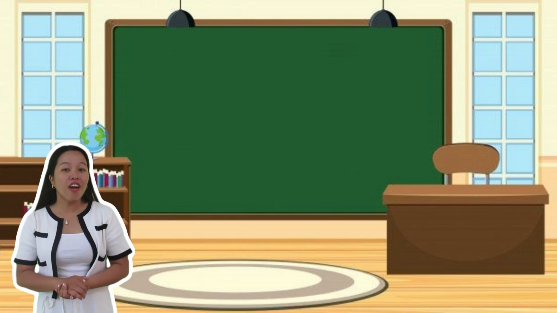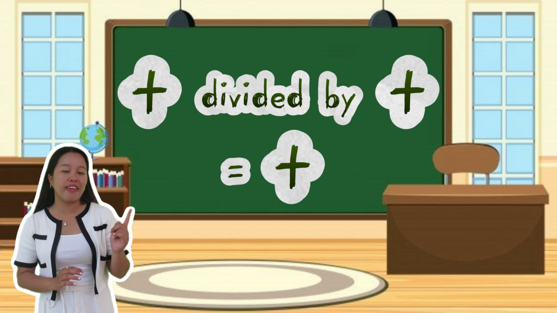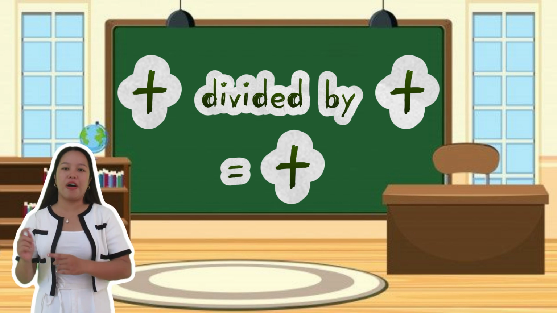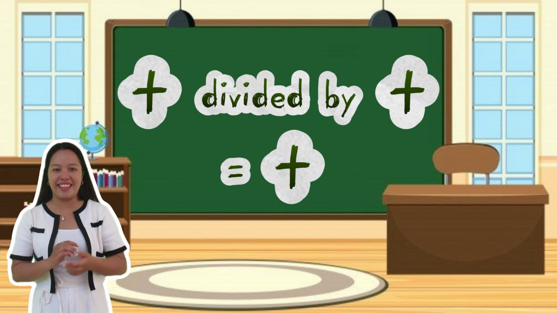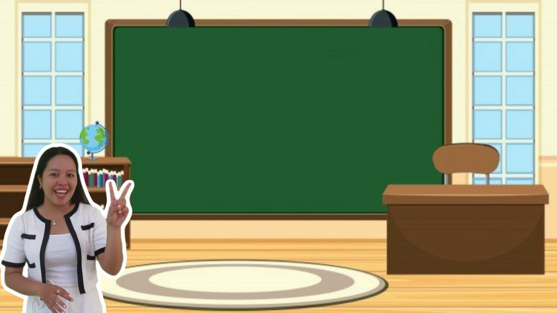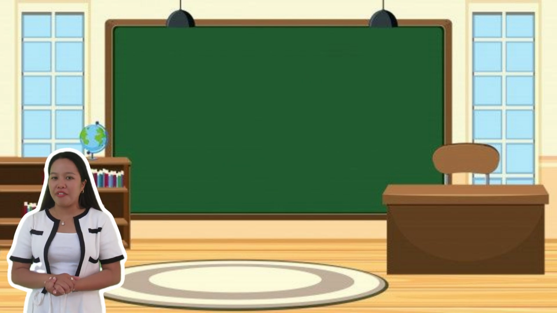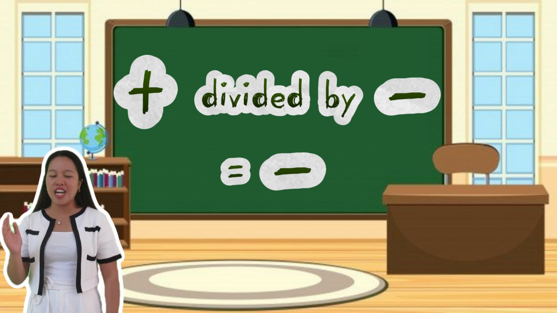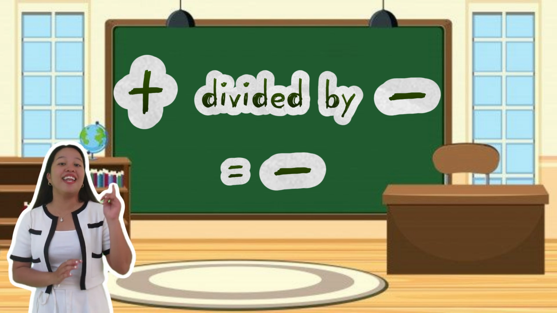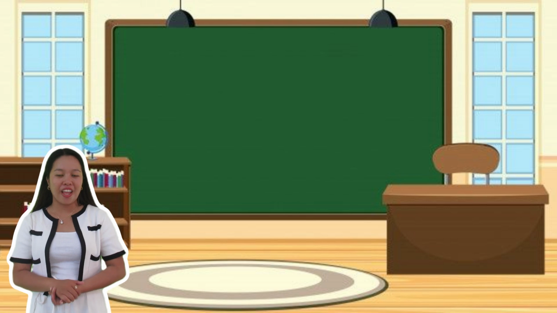First, if we are going to divide a positive integer with another positive integer, the answer would be a positive integer. Second, if we are going to divide a positive integer with a negative integer, the answer would be a negative integer.